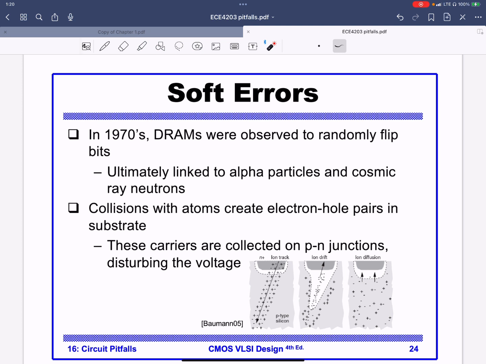If you're designing parts for space or high altitude flying, etc., there's a lot more radiation in space.